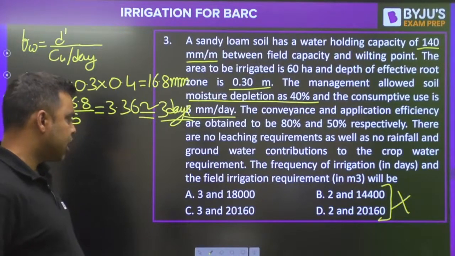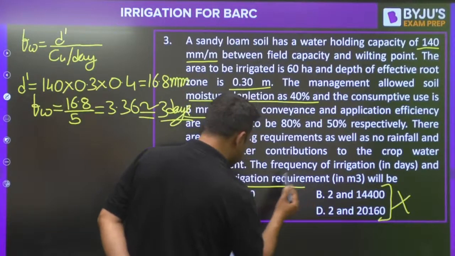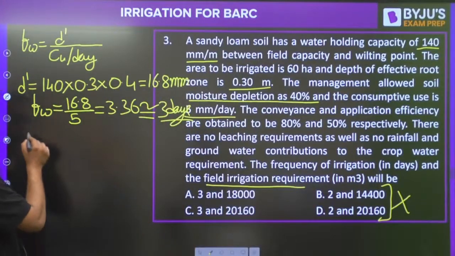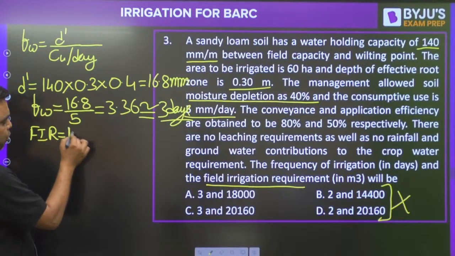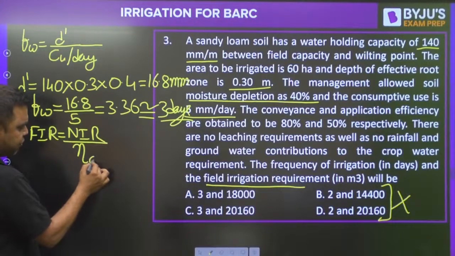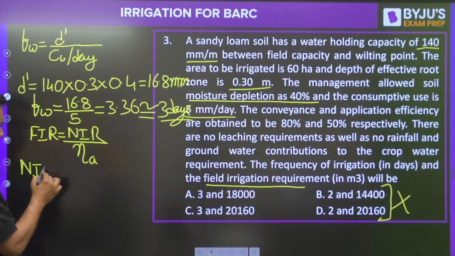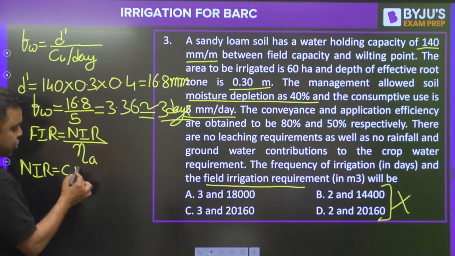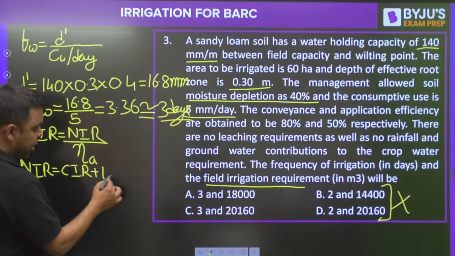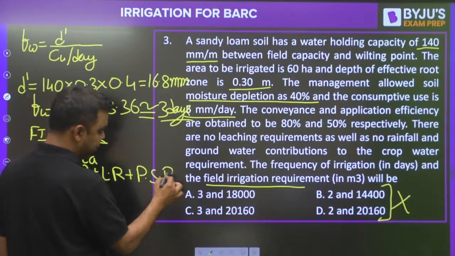Now further, what we need to determine is the field irrigation requirement. So we know that FIR is equal to NIR divided by application efficiency. Further, NIR is equal to CIR plus leaching requirement plus pre-sowing requirement.